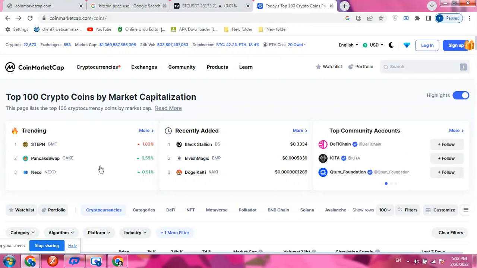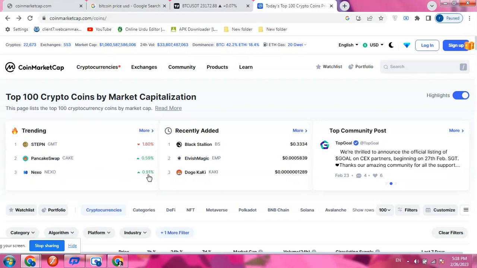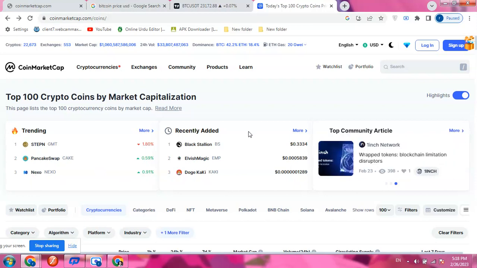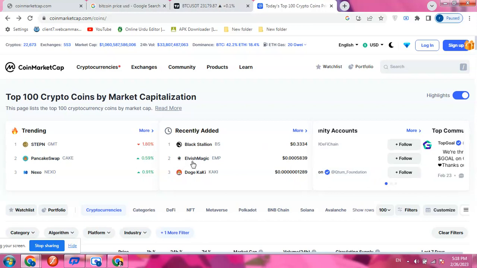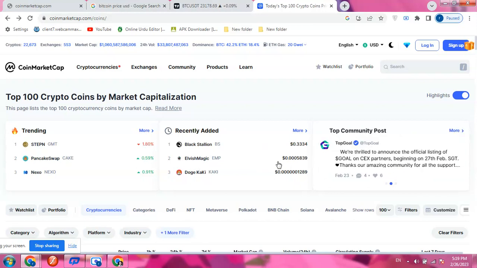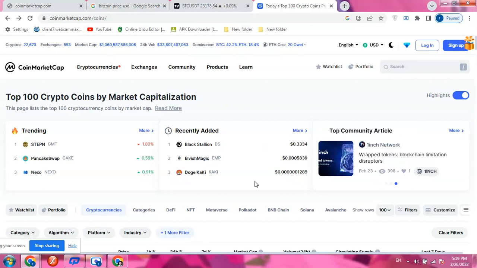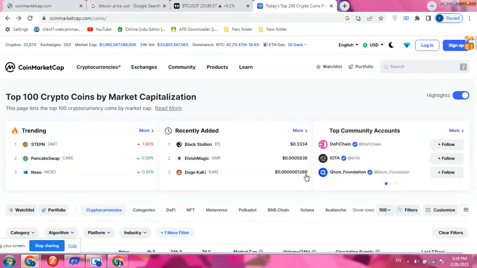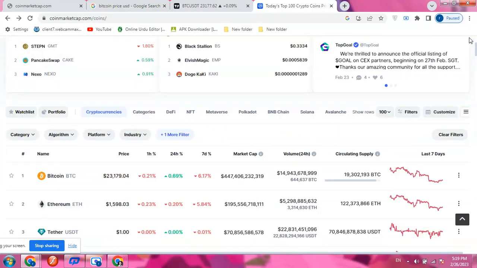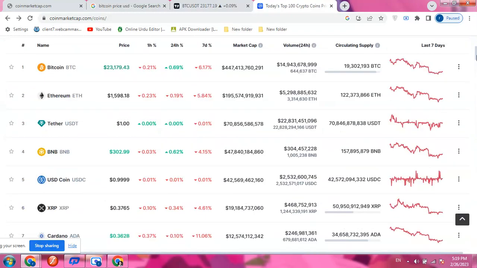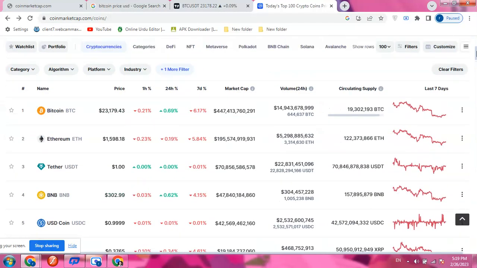This is small cap. Naxo 0.91%. Recently added Black Stallion 0.33. Ivesh Magic 0.0. Doge Kaki 0.00012889. These crypto coins are new here and top trending keywords.